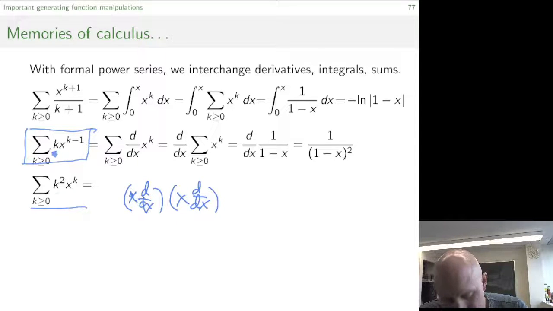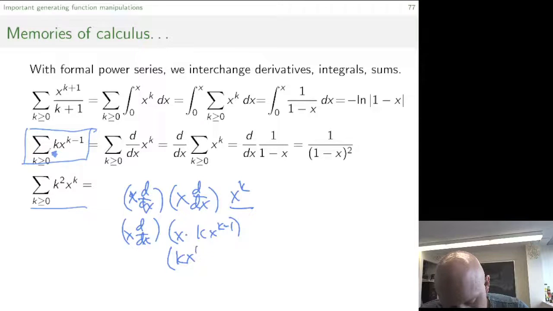If we took x to the k and took the derivative, you get kx to the k minus 1, times x gives kx to the k, and if we take the derivative again and multiply by x, we get k squared x to the k.